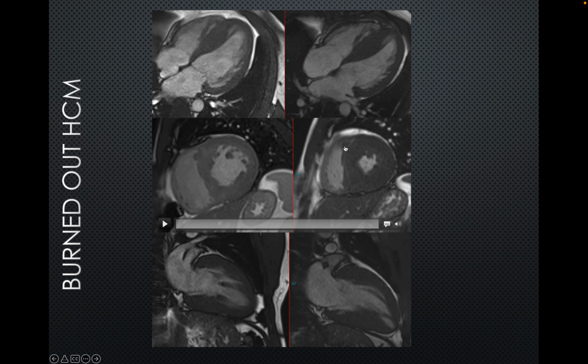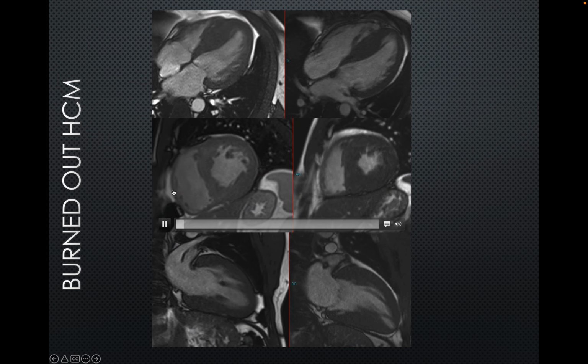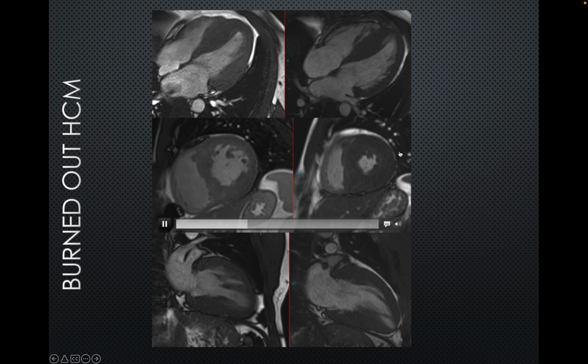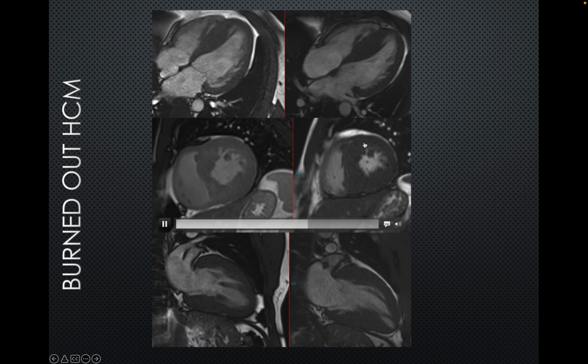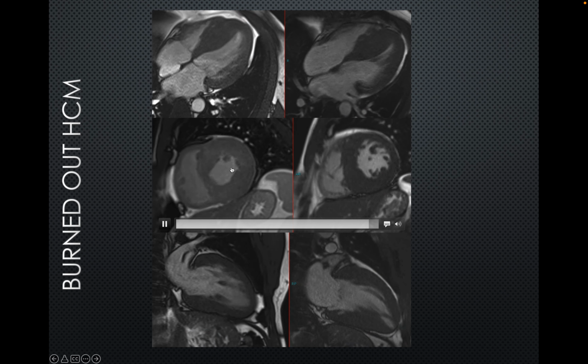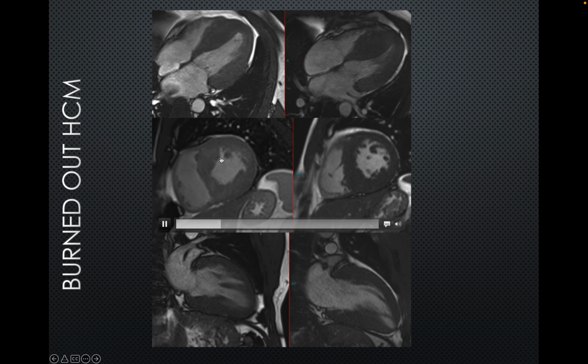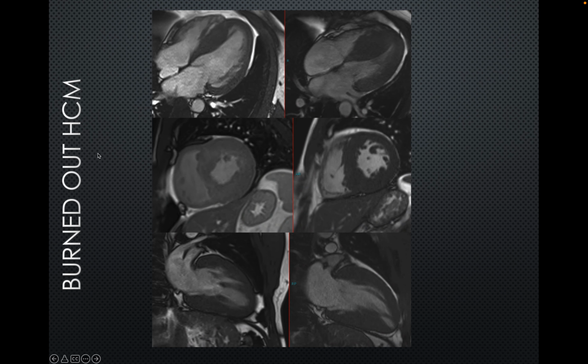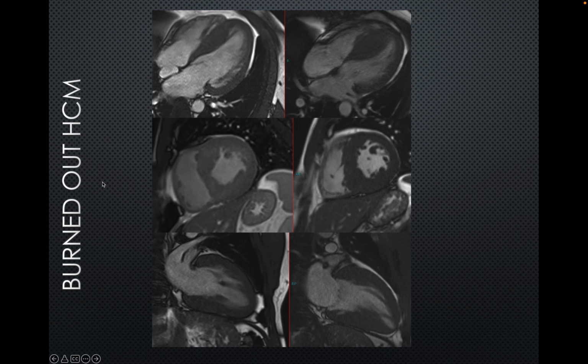Follow-up is, of course, important for those cases, because sometimes, and this is on rare occasions, as you may see, the systolic function has decreased massively, and that was a burned-out HCM case.